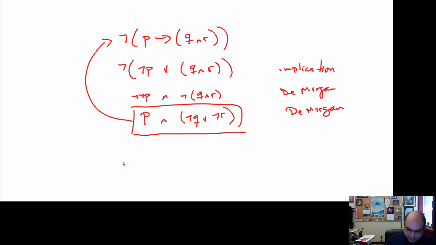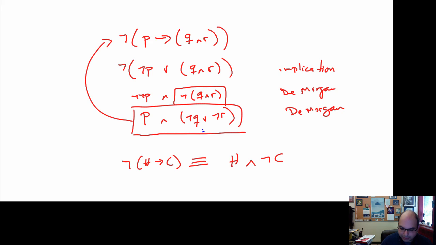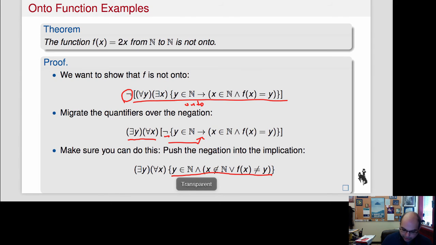So basically, if you have not (hypothesis implies conclusion), that is the exact same thing as saying the hypothesis is true and the conclusion is not, okay? That's how you negate implications. And in this case, since our conclusion was an and, we can actually distribute the not inside to get not Q or not something, okay? So that's how we got to this point here.